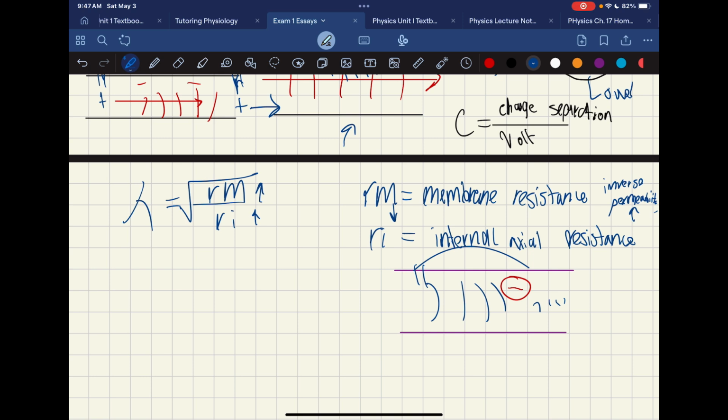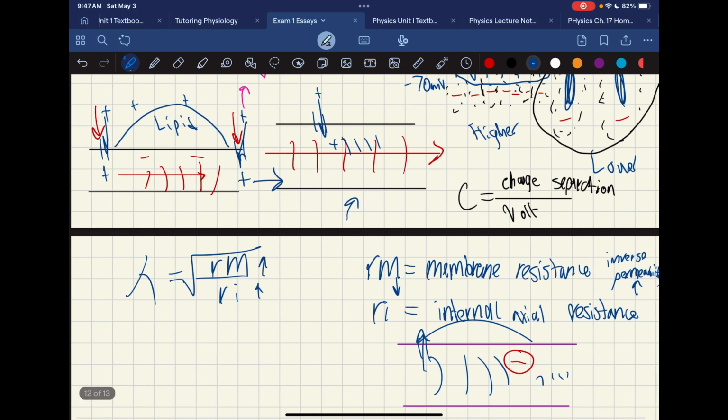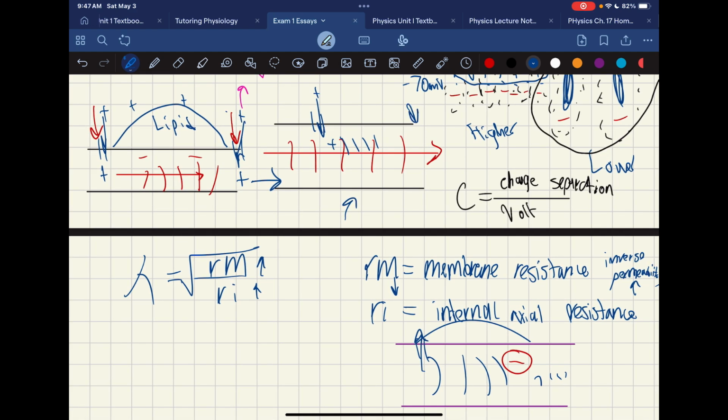And it increases, like I said, the membrane resistance, the Rm, and decreases the leakage of ions. So it won't cause things to leave the cell. So it increases the length constant, and this allows graded potentials and the effective action potentials to travel further and faster between the nodes of Ranvier, which we talked about before.